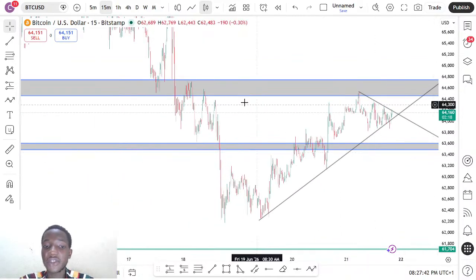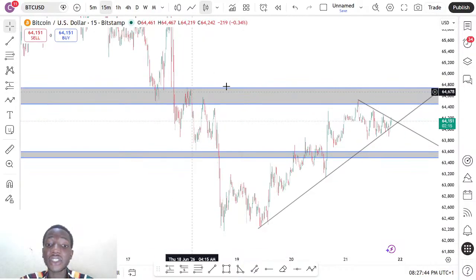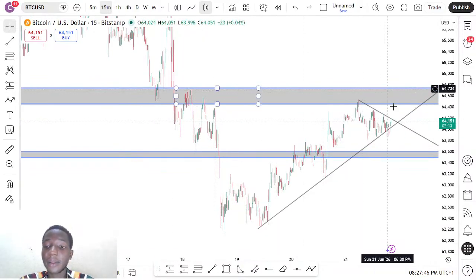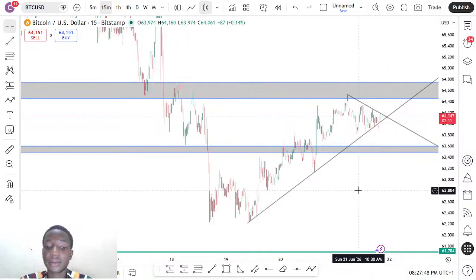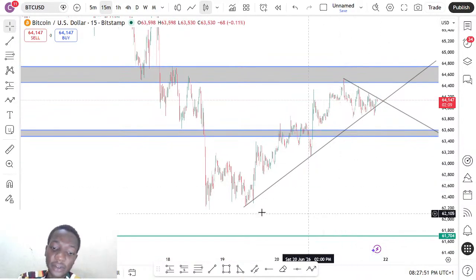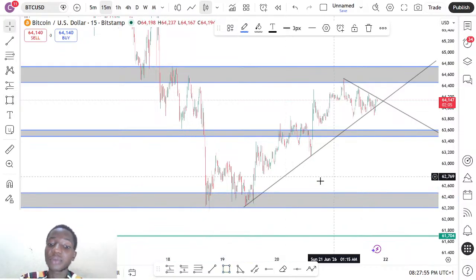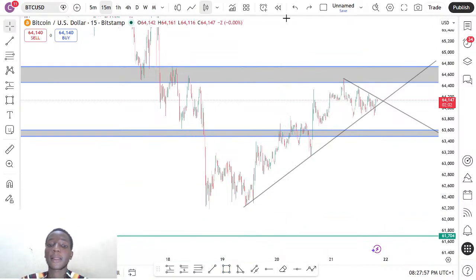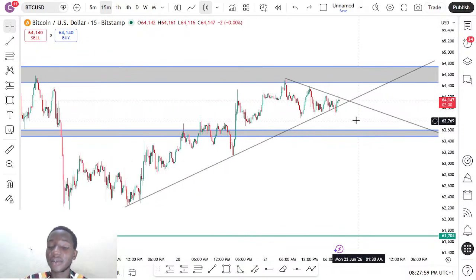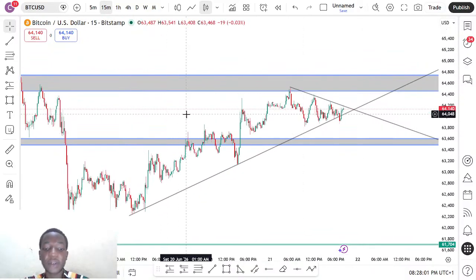Resistance is just a zone, like this is a resistance level. Here below is a support level where there are multiple touches. So that is it for now, traders.